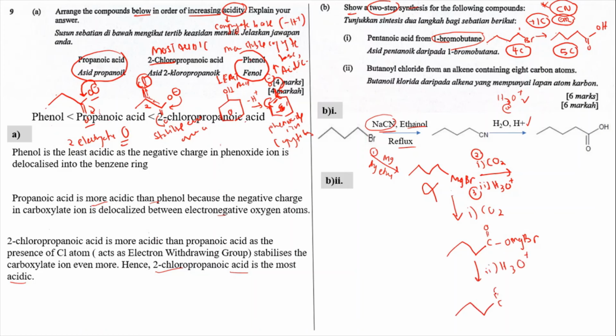it's going to produce a pentanoic acid. So 1, 2, 3, 4, and then 5 here.